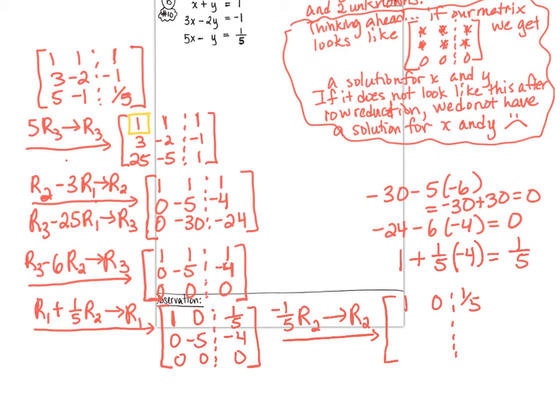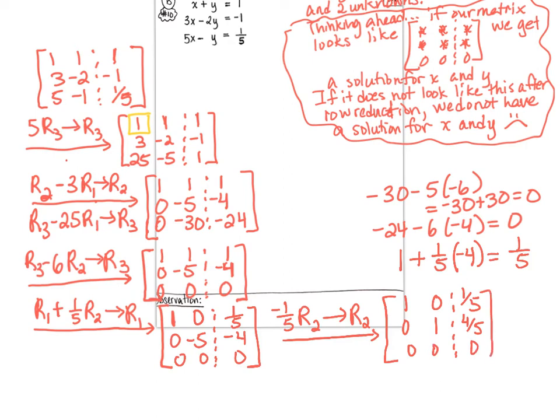Row 2 becomes what? 0, 1, and what's -1/5 times -4? 4/5, good. And then we have this row of zeros.